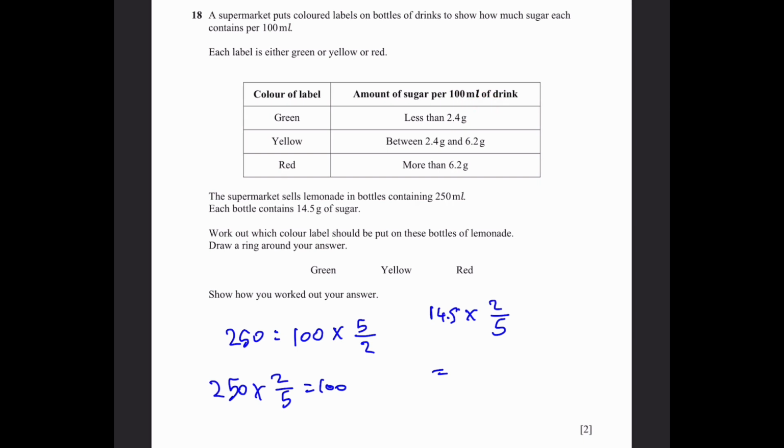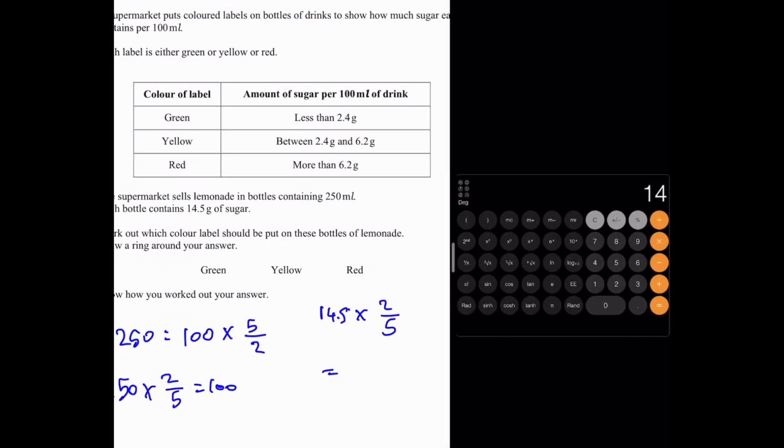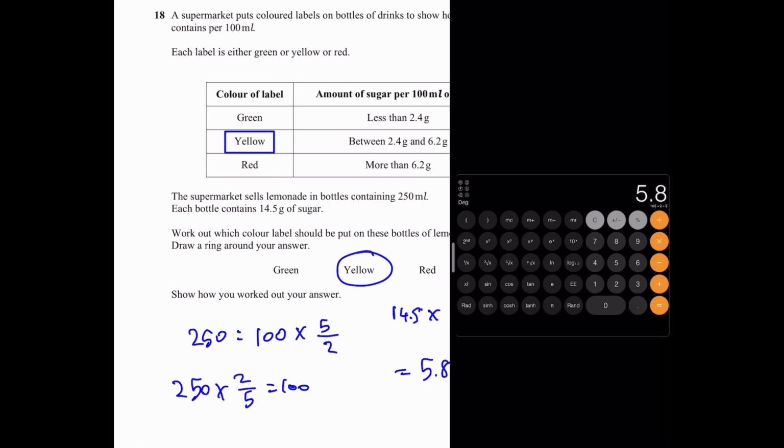Let's get our calculator out. So we have 14.5 into 2 divided by 5. We get 5.8 grams. So this will be inside the yellow section right there. That's the answer. Let's go to question 19.